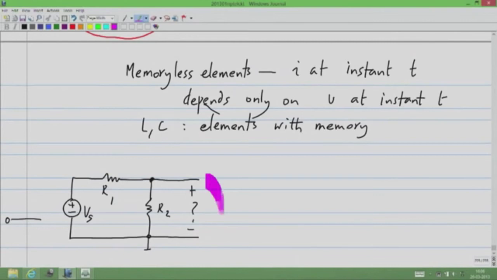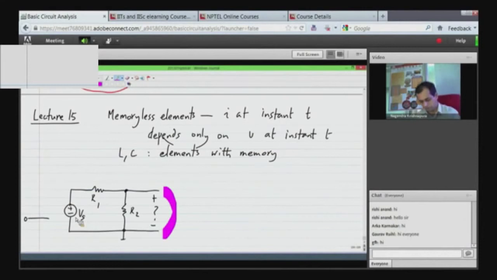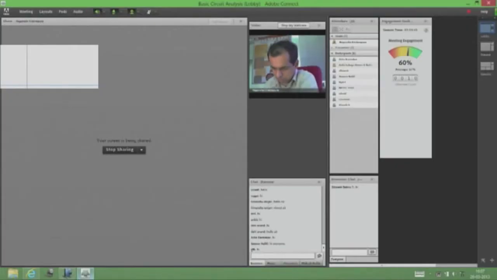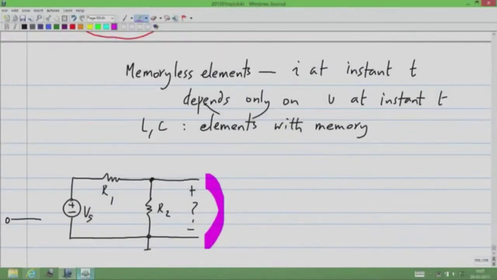What will be the voltage here when the input voltage Vs is 0? Anybody? What's the voltage going to be?